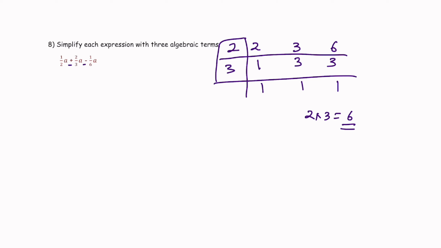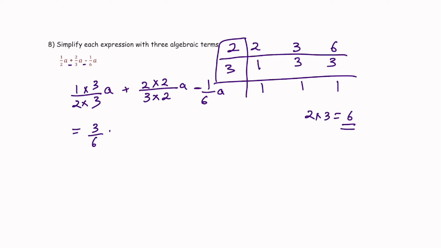Now all my denominators have to be 6. So 1 over 2 times 3 and 3, that's how we get 6a, plus 2 over 3 times 2 and 2a, minus 1 over 6a, because that's already 6, so we don't need to do anything there, which is equal to 3 over 6a plus 4 over 6a minus 1 over 6a.